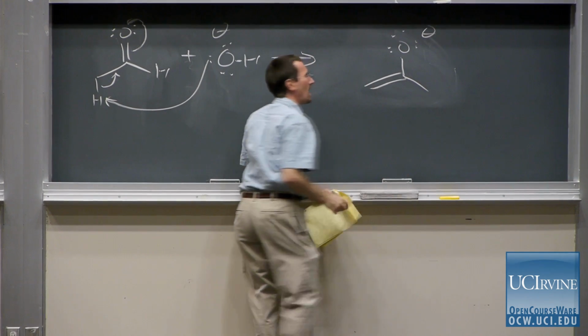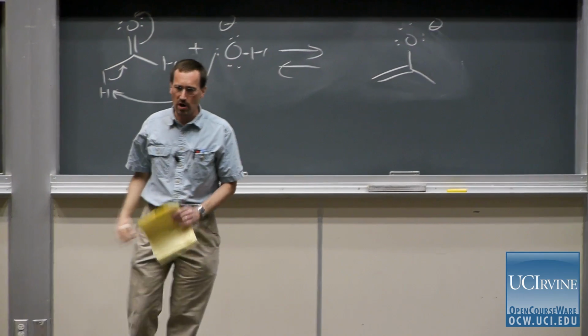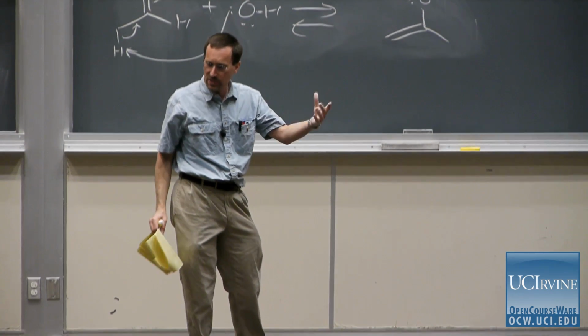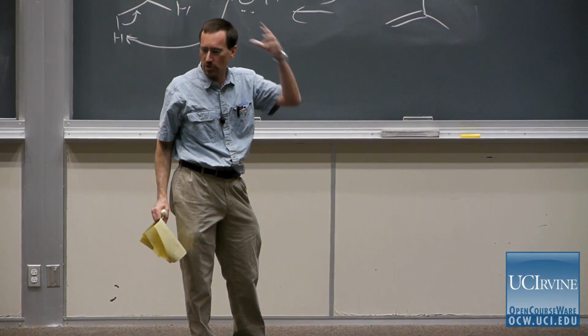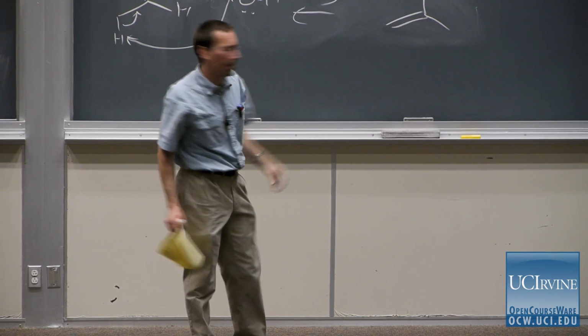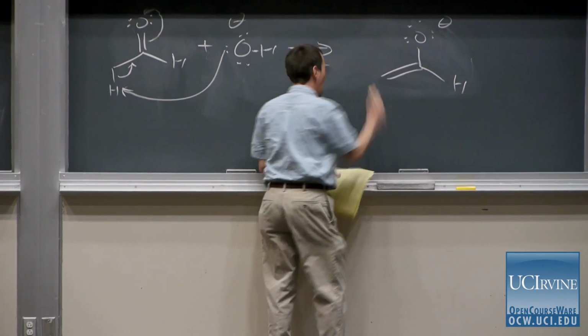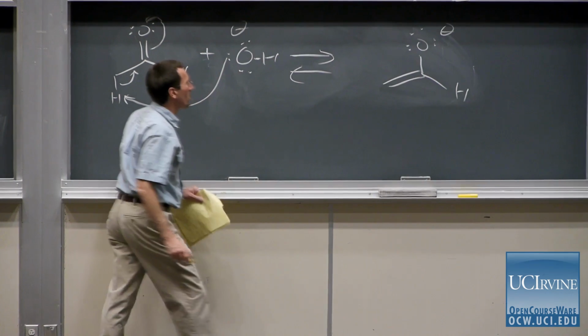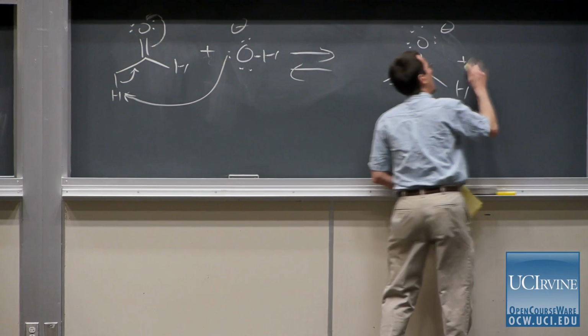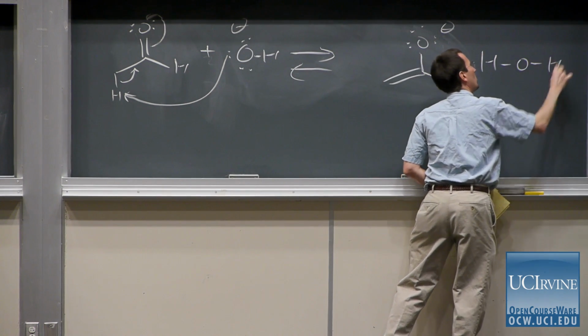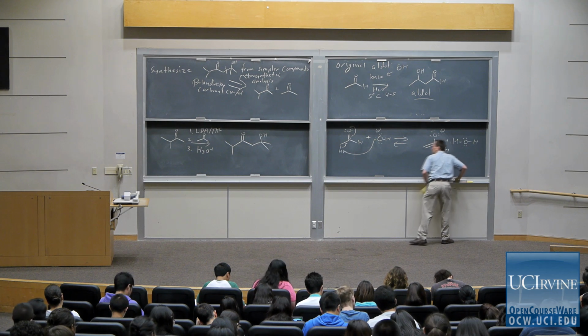In the directed aldol, things occur at very low temperature and we're using a very strong base, so they're irreversible. But here, for the most part, all of our steps are equilibria. So we generate our enolate. Here, I'll even be a good person and write in water.